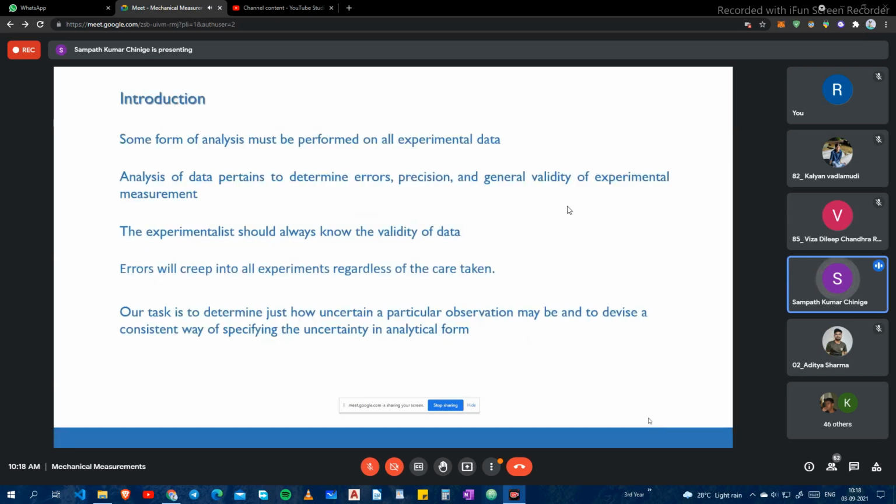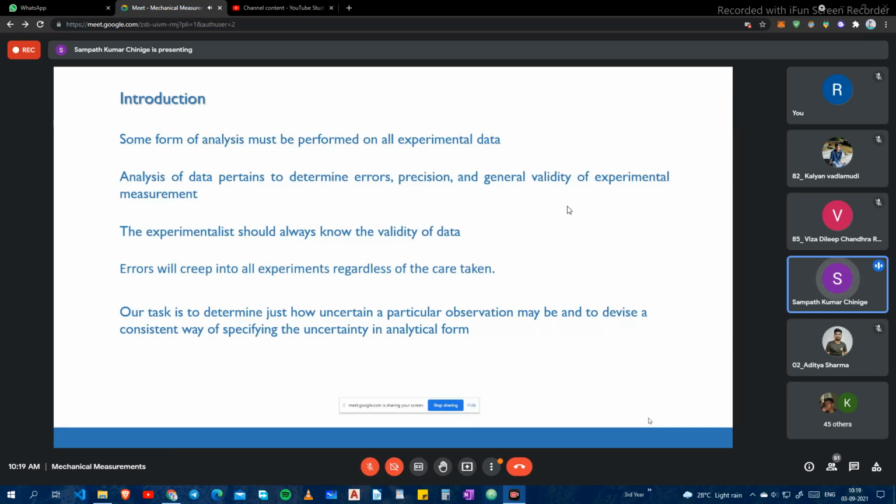So whenever we get some experimental data, we need to always perform some kind of analysis. What does that analysis include? It includes the determination of error, which is the deviation of the measurement from the measured value, how precise it is, the repeatability, and whether these measurements are valid for others also to follow.